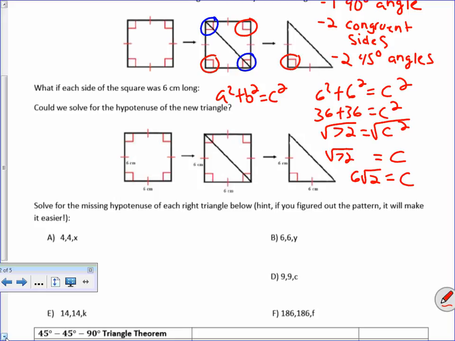Now there's going to be a pattern that emerges. So I want you to take a second and think about this question that we just went over. If you figure out the pattern, go ahead and do A, B, C, D, E, and F. It'll take you probably 30 seconds. If you didn't figure out the pattern or if you don't understand, please come see me. So take a minute to look at that.